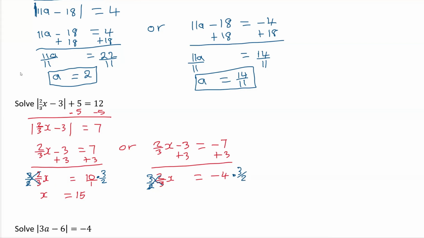So what you have left is x on the left is equal to -4 times 3 over 2, which is -12 divided by 2, -6. So our two solutions, x is 15 and x is -6.